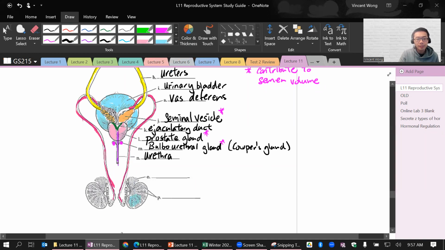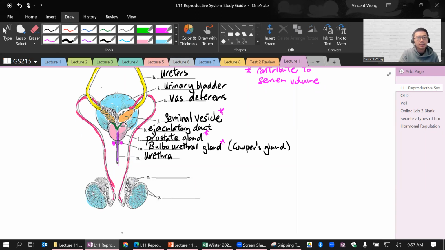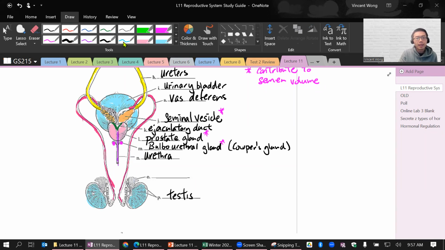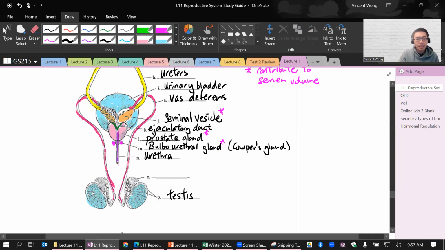Couple other things here. Those are, of course, the testicles or testis. And we have this thing over here on top of the testicles. That's called the epididymis.